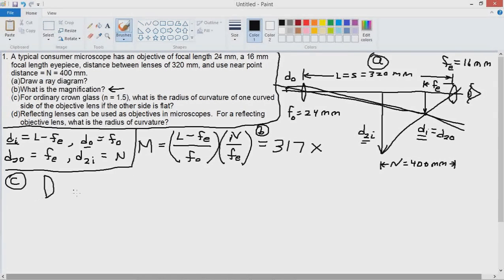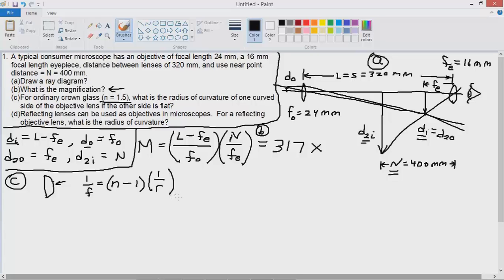One side flat, the other side curved. And you want to know what's the radius of curvature of this curved side. Well, the formula is actually pretty easy. 1 over F equals little n, the index of refraction, minus 1, not big N, not this N, the little n, times 1 over the radius of curvature of one side minus 1 over the radius of curvature of the other side.